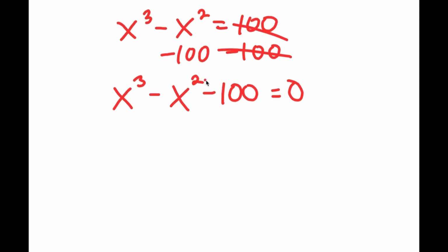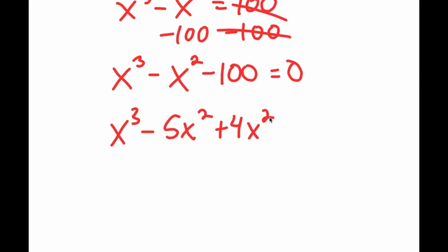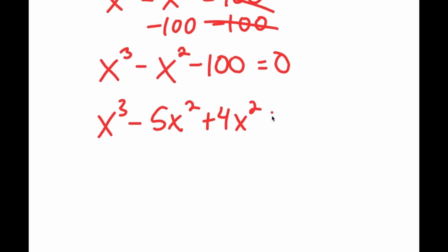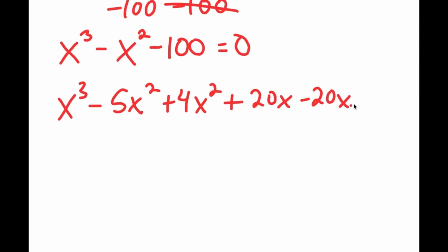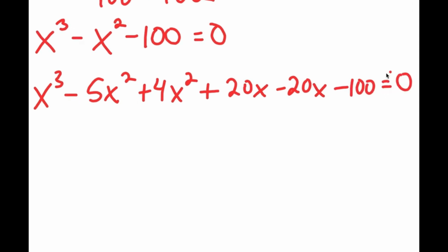From here, I'm going to rewrite negative x squared as negative 5x squared plus 4x squared. And next, I'm going to write 20x minus 20x, and then I have this minus 100 is equal to 0.